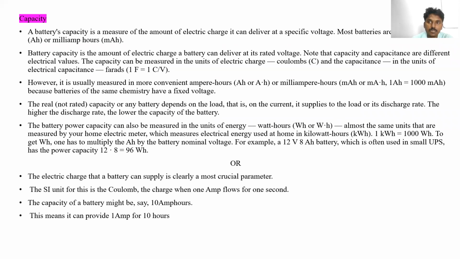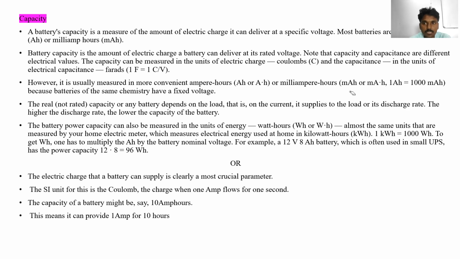Capacity. What is meant by capacity? A battery's capacity is a measure of the amount of electric charge it can deliver at a specific voltage. Most batteries are rated in ampere hours or milliampere hours.